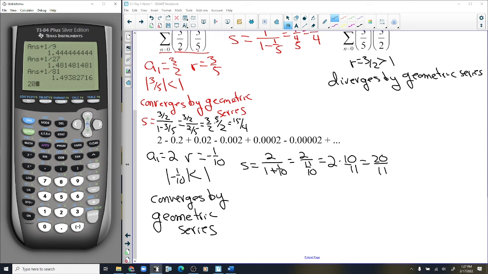So it's 20 divided by 11. That's what this is converging to. But look, 2 minus 0.2 plus 0.02 minus 0.002. There we go. So I'm pretty convinced I have the right sum.